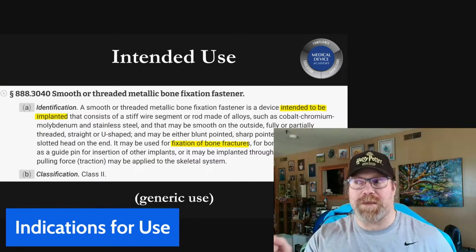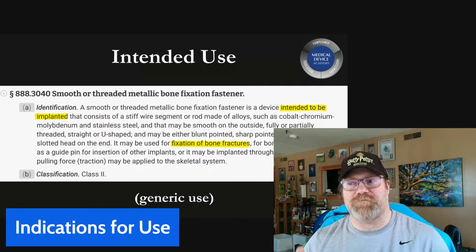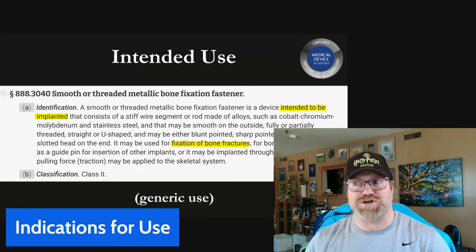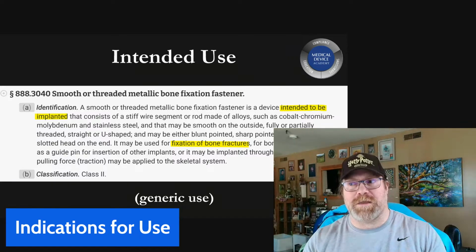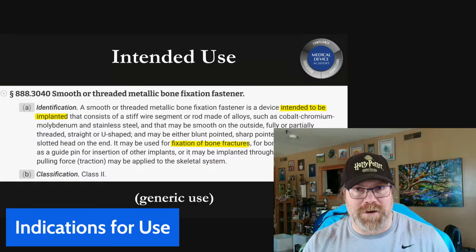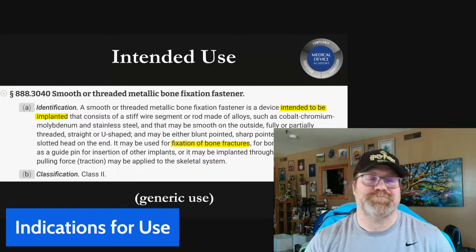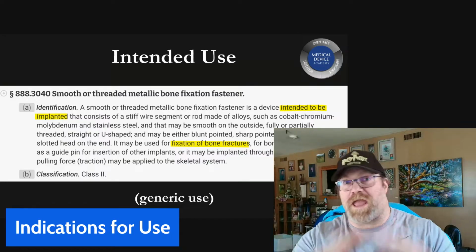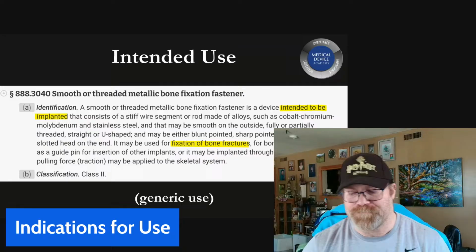It would be intended to be implanted because that's where they go, inside the body, and for fixation of bone fracture. So your device name is intended to be implanted for fixation of bone fractures. That's too generic. That wouldn't ever be acceptable to the FDA, unless this device could be used everywhere in the body.